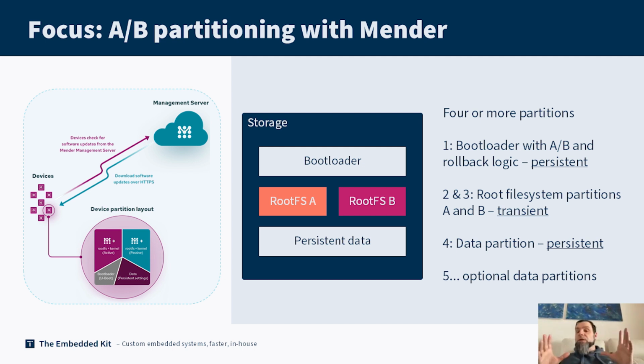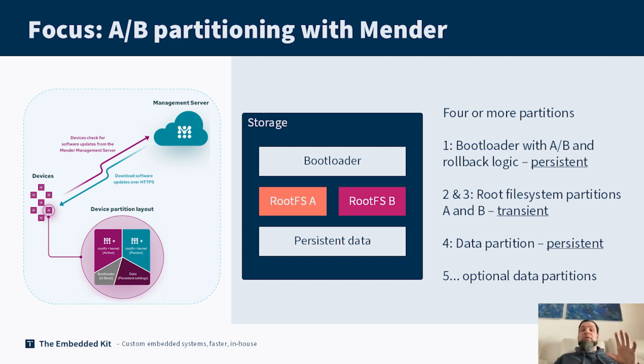So for the sake of simplicity, we will still call that a partition, because on other systems, there might be a boot partition. So the first thing that you will need to have is the bootloader partition. This is meant to be persistent and not changed except under rare circumstances, which we might talk about later, possibly.